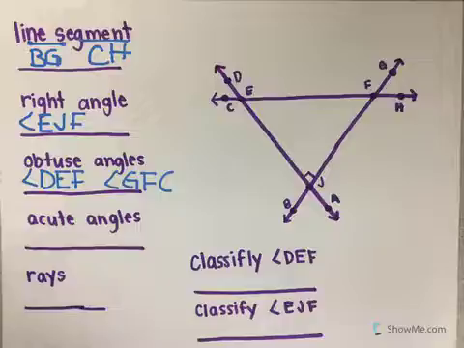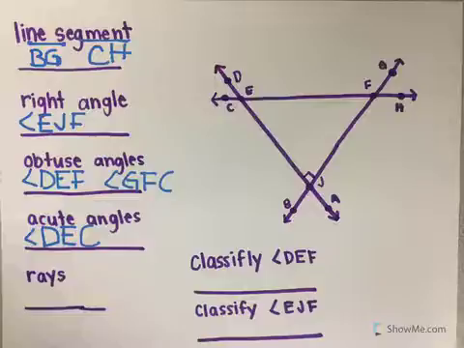We have 90 degrees, which are going to have our little boxes in the angle, and then we have obtuse angles that are greater than 90 degrees, correct? Can anyone identify an acute angle? DEC. Perfect. Angle DEC, and remember we have to always label the angle.